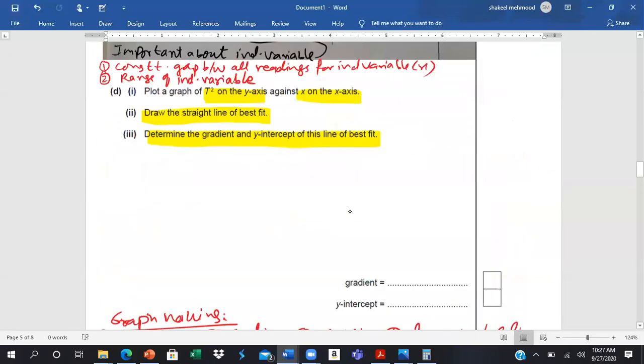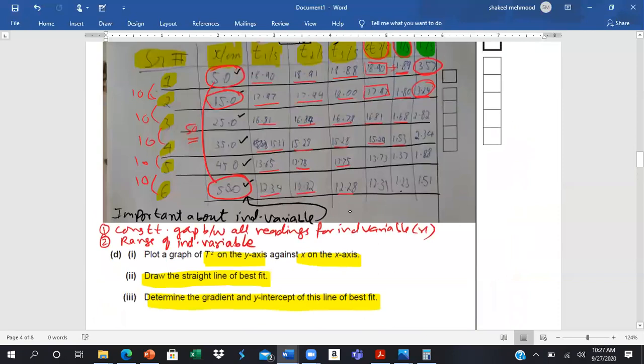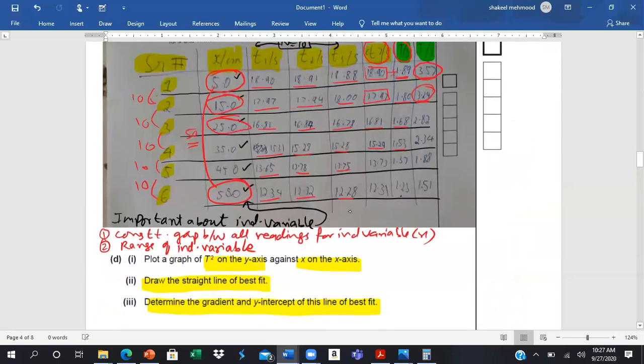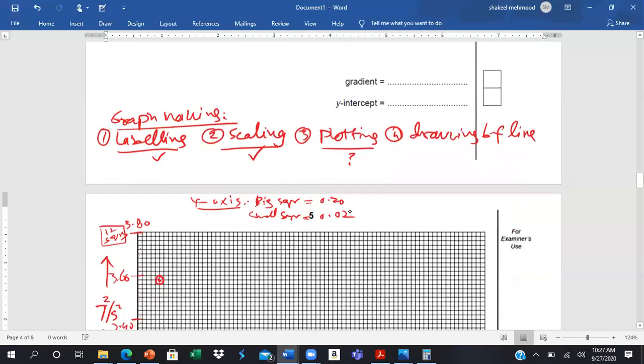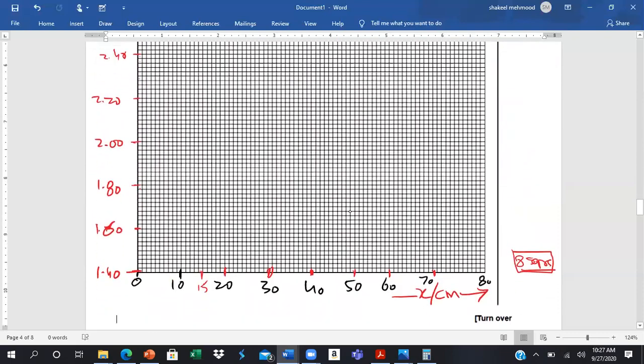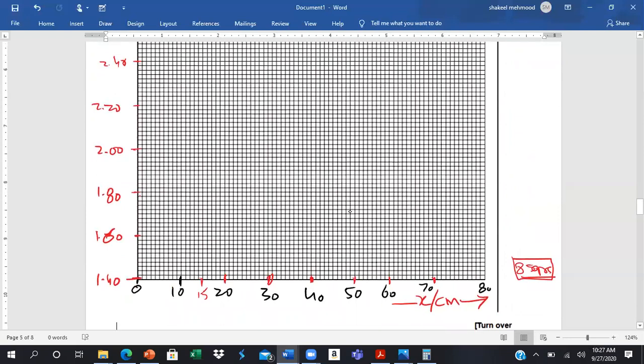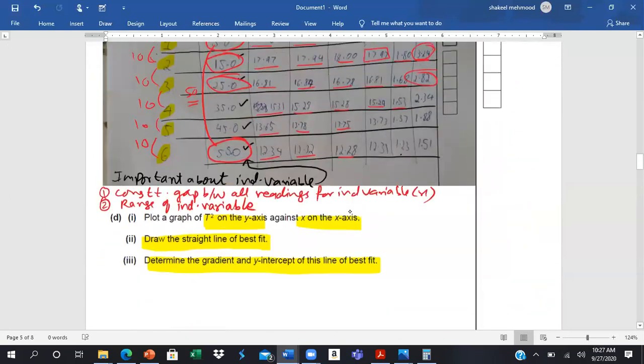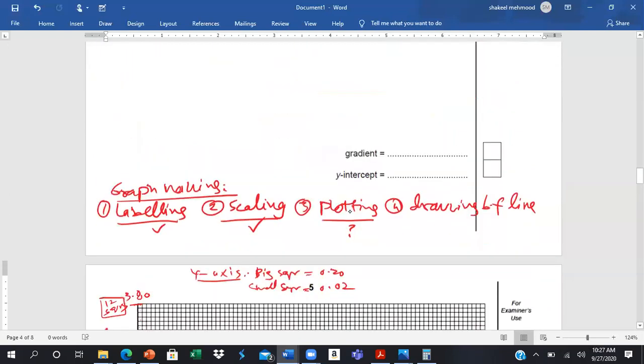Now look for the third point. The third point is 25 and 2.82. So 25, okay, 1, 2, 3, 4, 5. 25 is over here. And then what's the next value? Next value is 2.82.